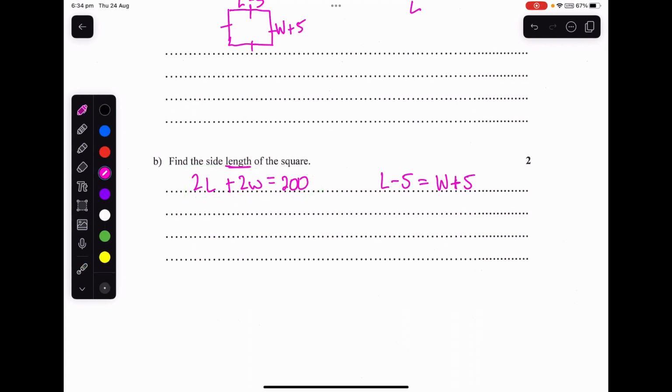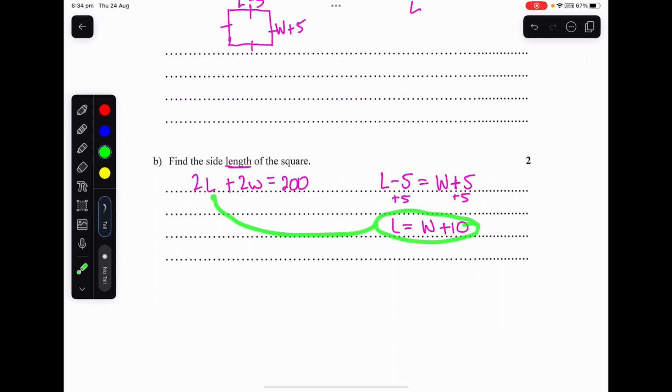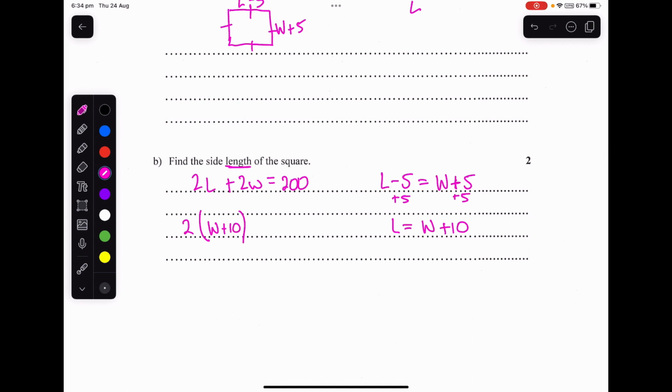So let's change this. Let's plus 5 to both sides, and I end up with L equals W plus 10. Now, if L equals W plus 10, I'm going to take that and insert it into this equation over here. So that means this one becomes 2 times W plus 10. So all I'm doing is substituting that in for the L, plus 2W equals 200.